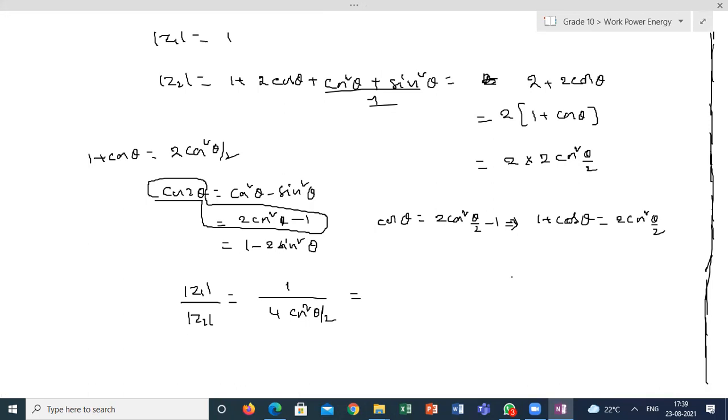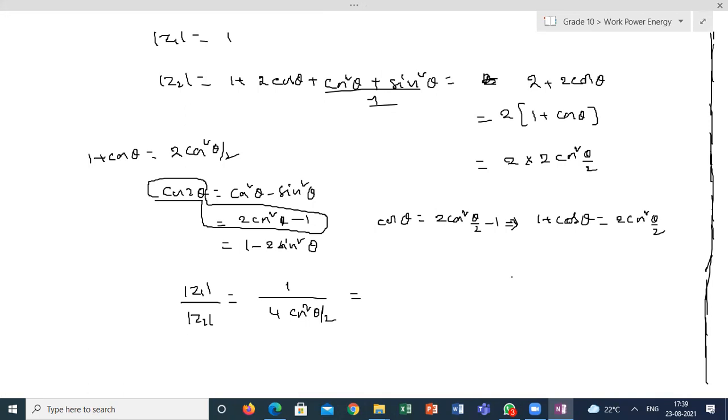I'm using this property. How can you use this? Students, please respond. What is your answer? Sir, can we write cos square theta by 2 as 1 by secant square theta by 2?